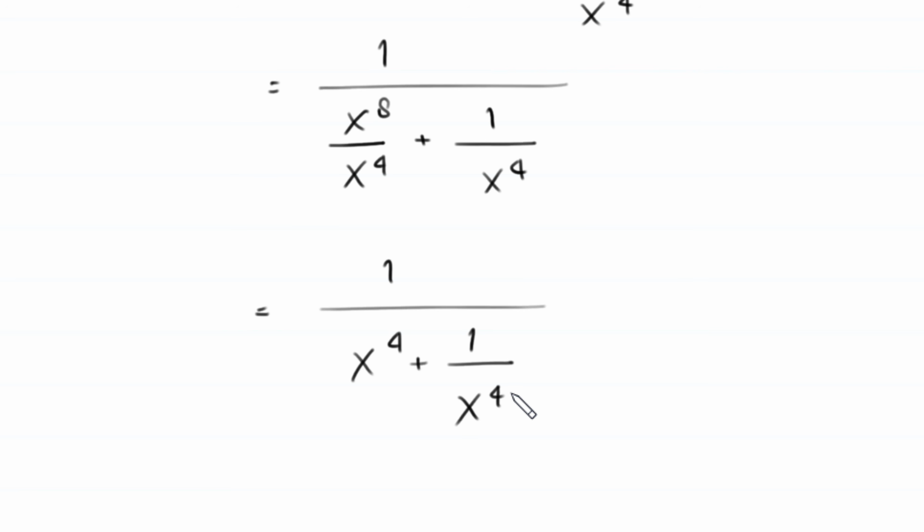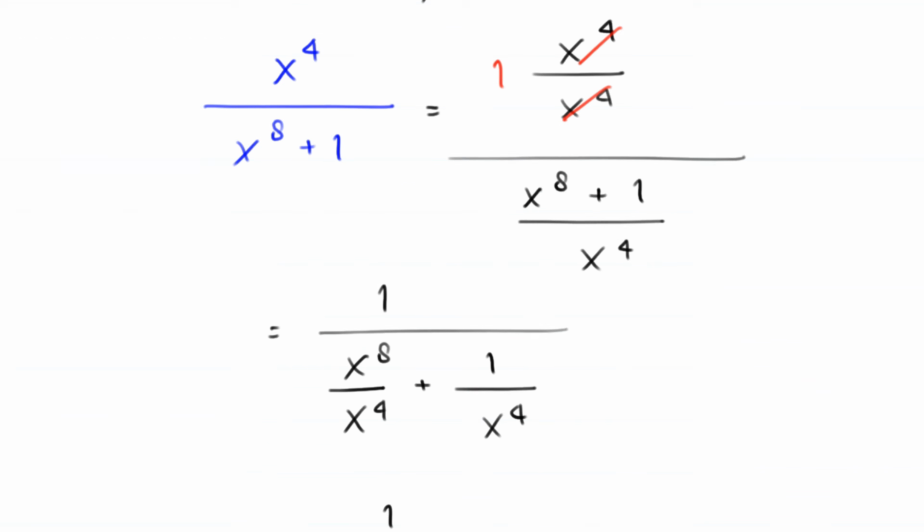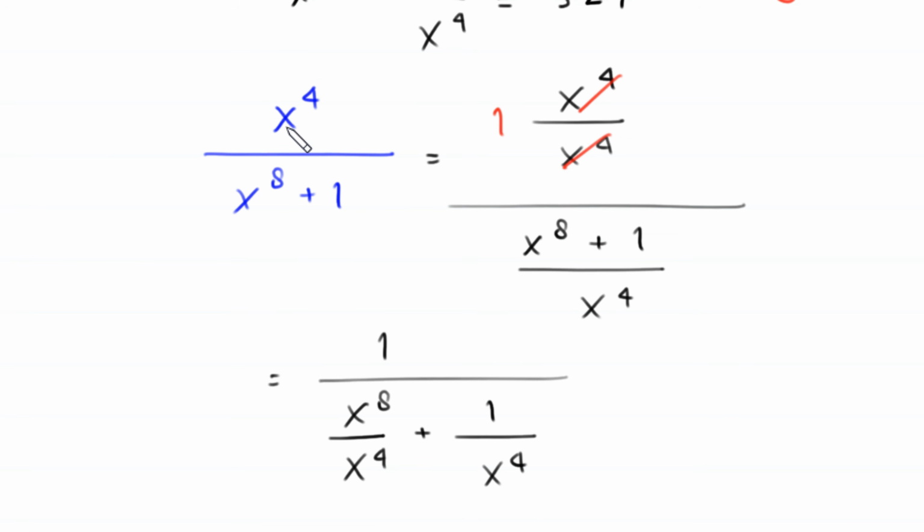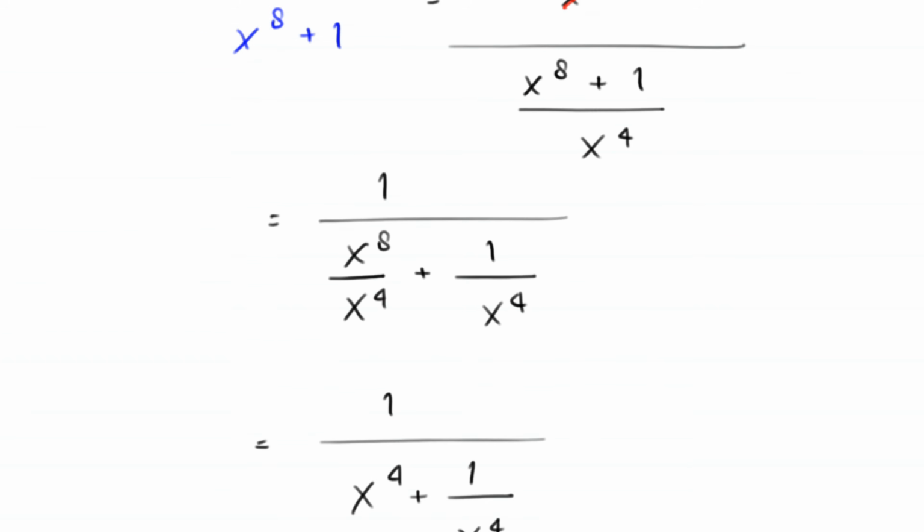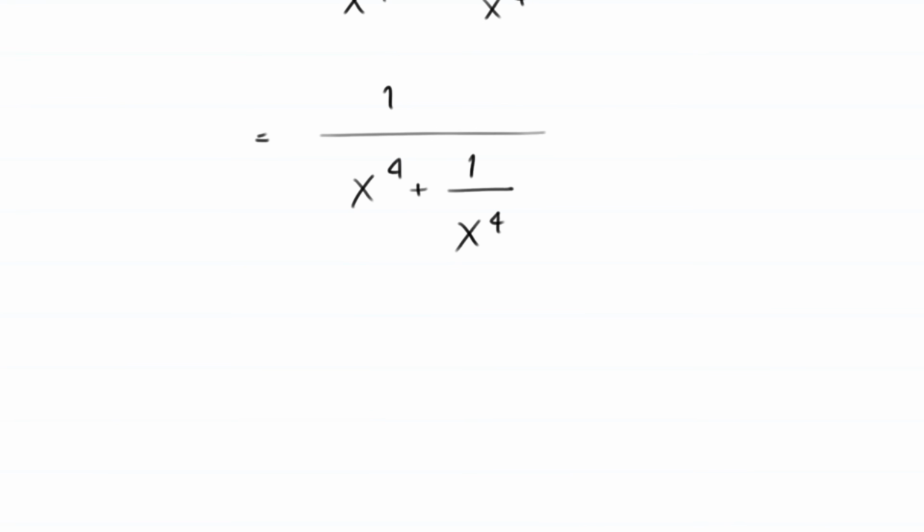It means that the expression we have to find, x to the power 4 over x to the power 8 plus 1, is equal to 1 over x to the power 4 plus 1 over x to the power 4.